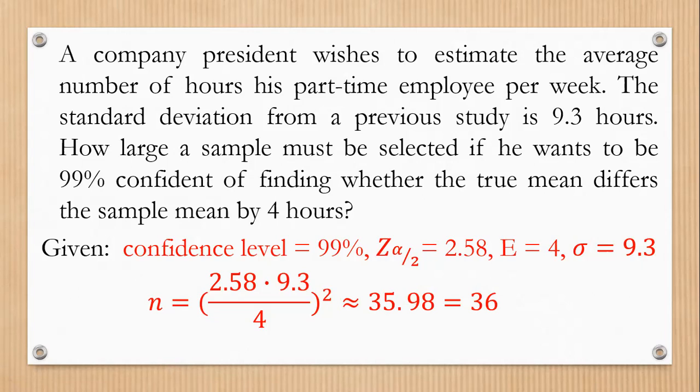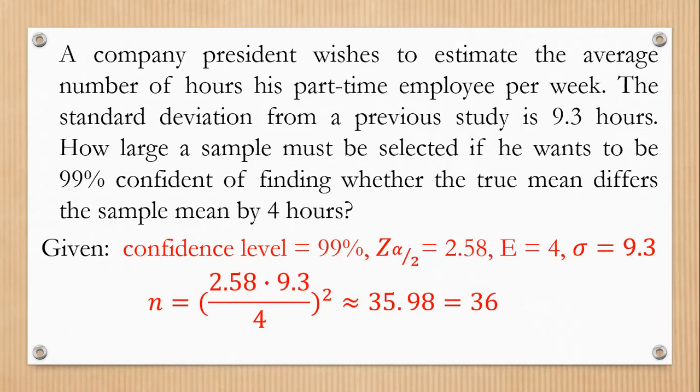The second consideration is the population standard deviation. And then the third one is the confidence level. The confidence level determines how certain you want to be that the parameter falls within your confidence interval. The most common confidence levels are 90%, 95%, or 99%.